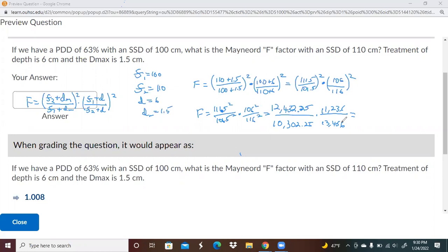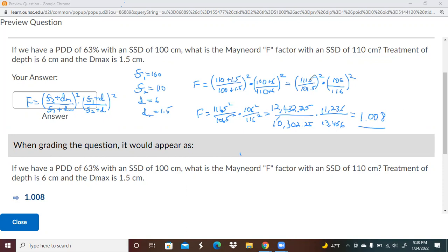Okay, times 11,236 divided by 13,456. Aha. There we go. We got 1.00 and it says 765. So I'm going to round that to 1.008. Okay, so that's that part of it.